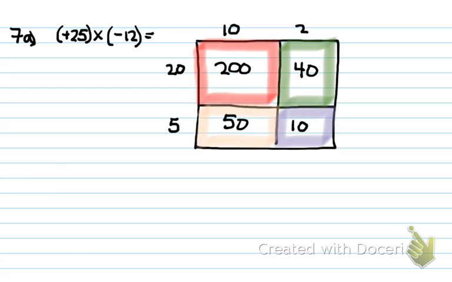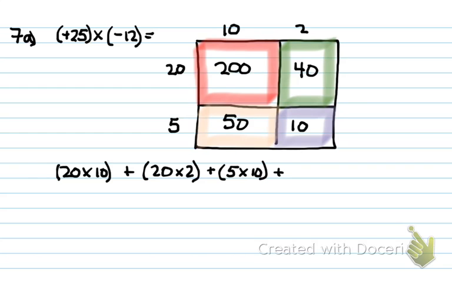And to write this out, we're going to have 20 times 10, and we're going to have 20 times 2. And again, notice that I'm not using signs because we've already decided our answer is going to be negative. We're going to have 5 times 10, and we're also going to have 5 times 2. 20 times 10, of course, is 200, and 2 times 20 is 40, and 5 times 10 is 50, and 5 times 2 is 10.